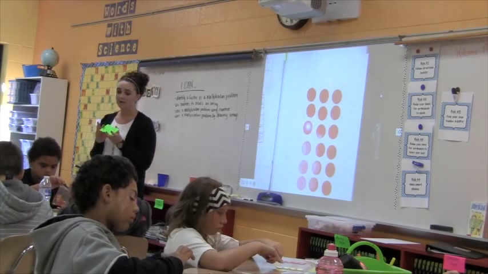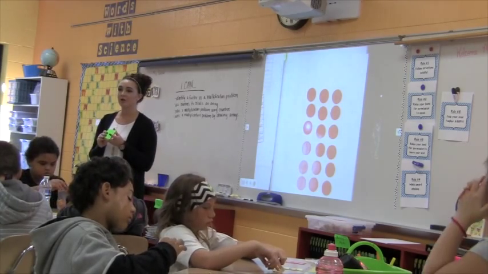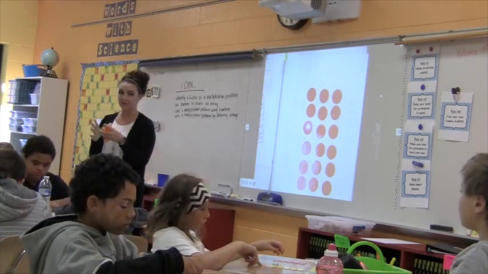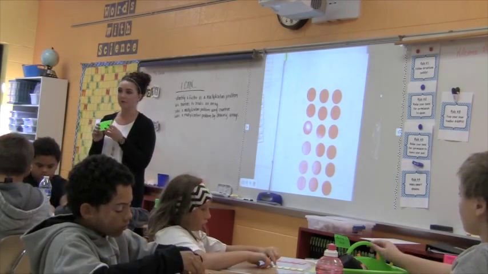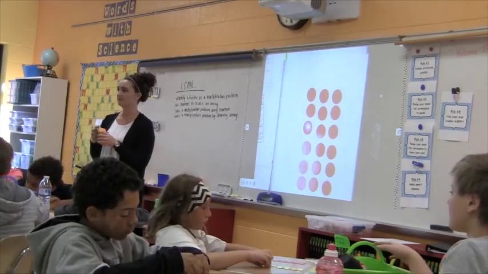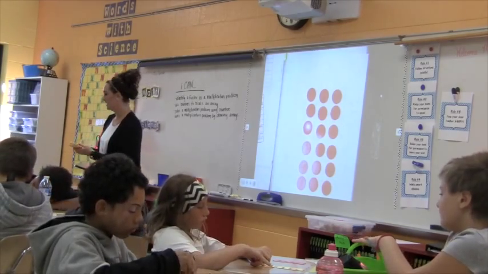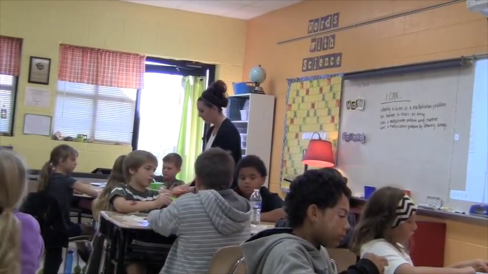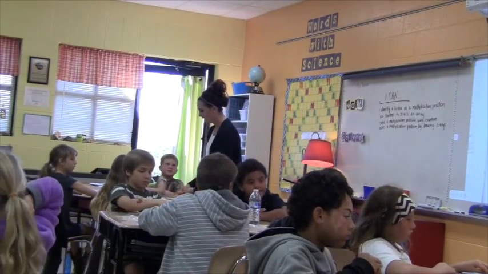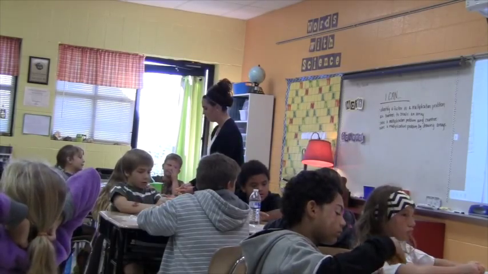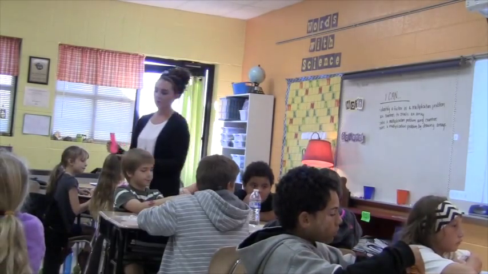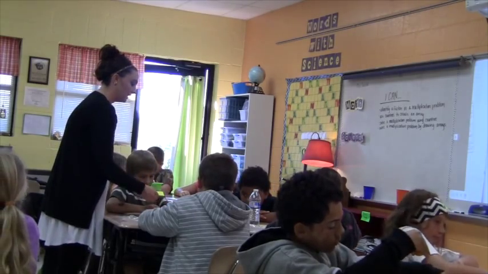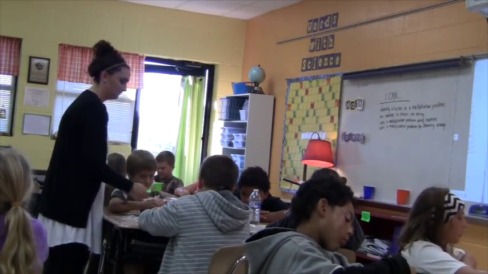I know that you're not going to have enough counters on your own for some of them, so if you need to, work with your table mates all together in order to form that array. Does that make sense? Yes. Okay. So once I give you your cards, you can go ahead and start working. You're going to work together, guys. And when you finish one, raise your hand so I can come by and check.